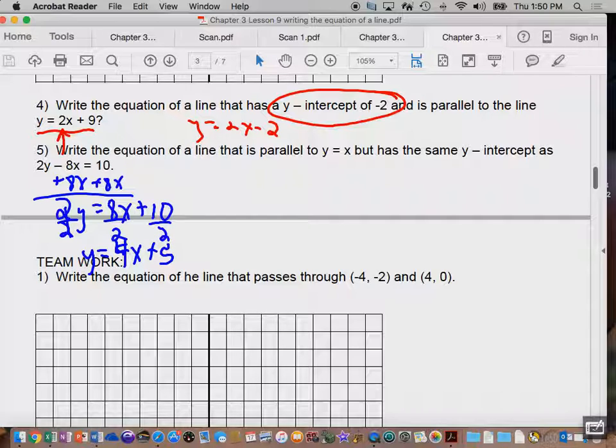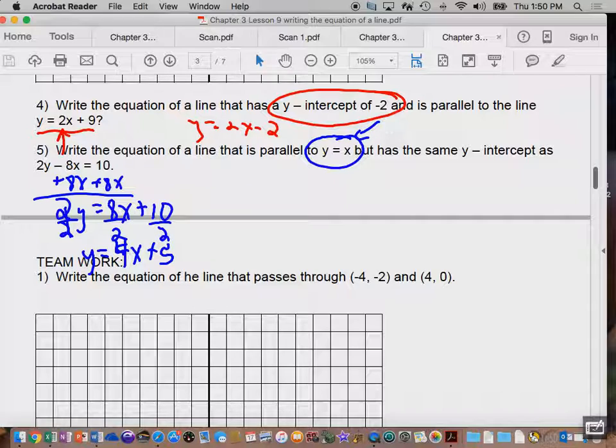Okay, so I do a little manipulating here. After I'm done, I add 8x to both sides, I divide by 2. Now what is the y-intercept, guys? 5, very good.